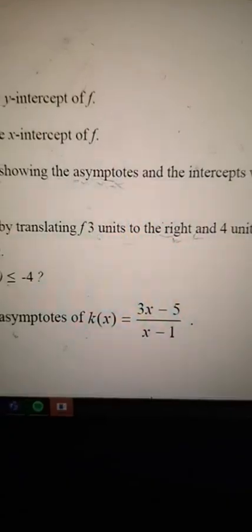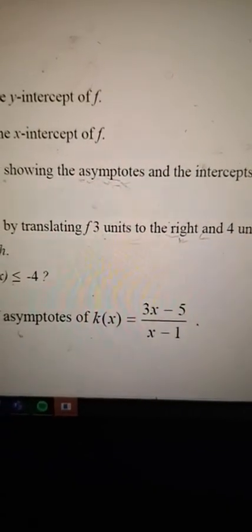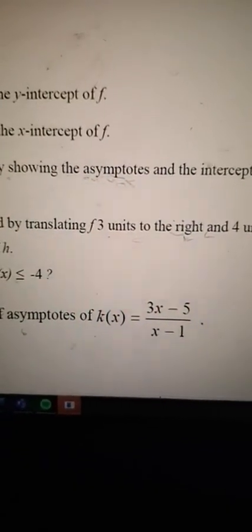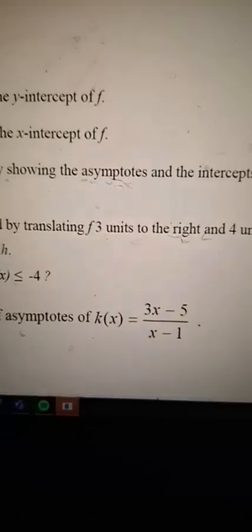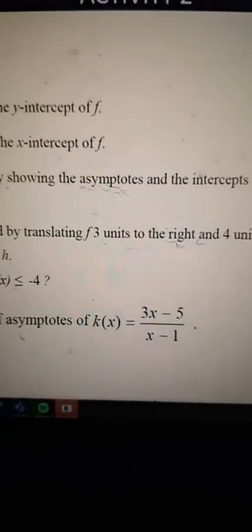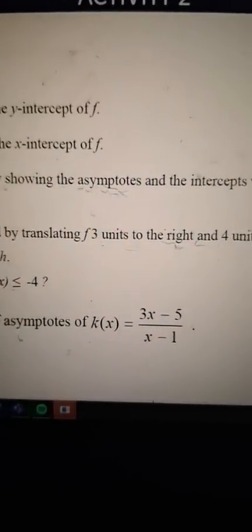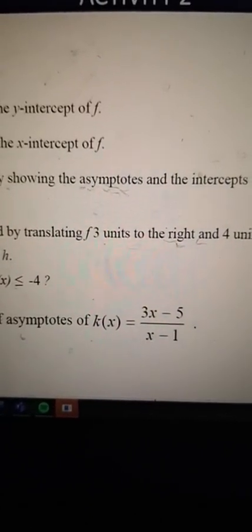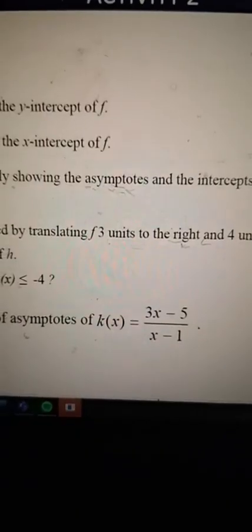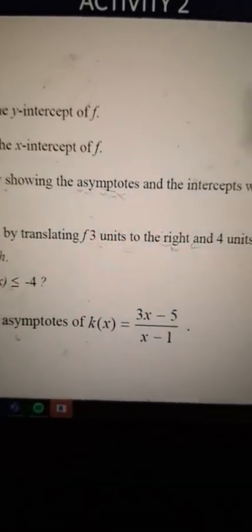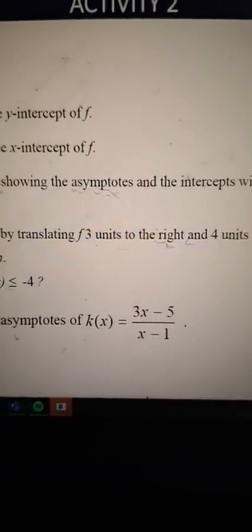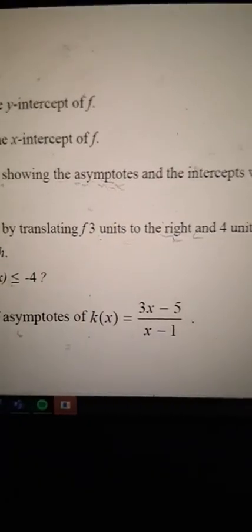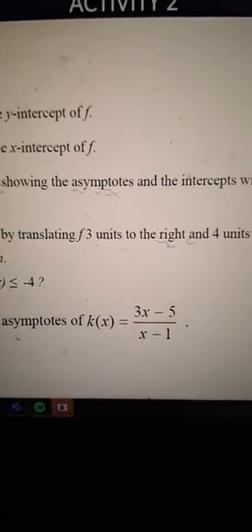To the right, someone would think plus 3, but you are saying minus 3, the opposite of what you would normally think. Hence we speak about counterintuitive: counter means against, and intuitive means thinking, so it's against normal thinking. To the right, we are subtracting. To the left, we are adding.